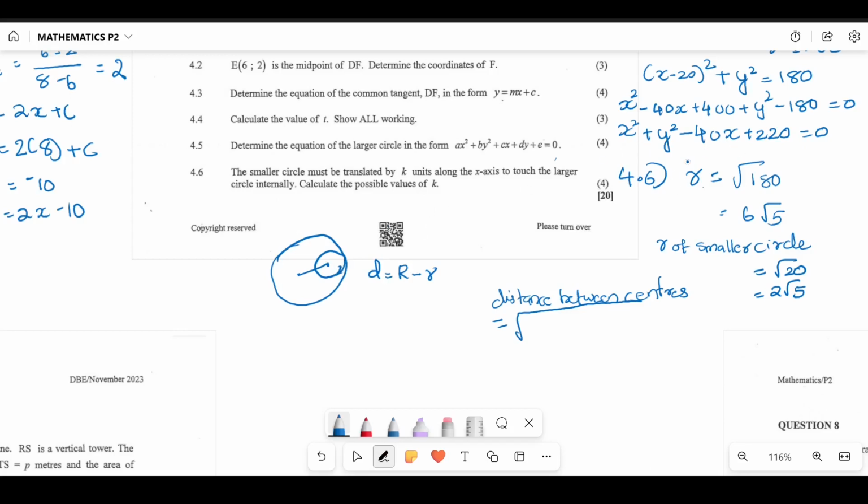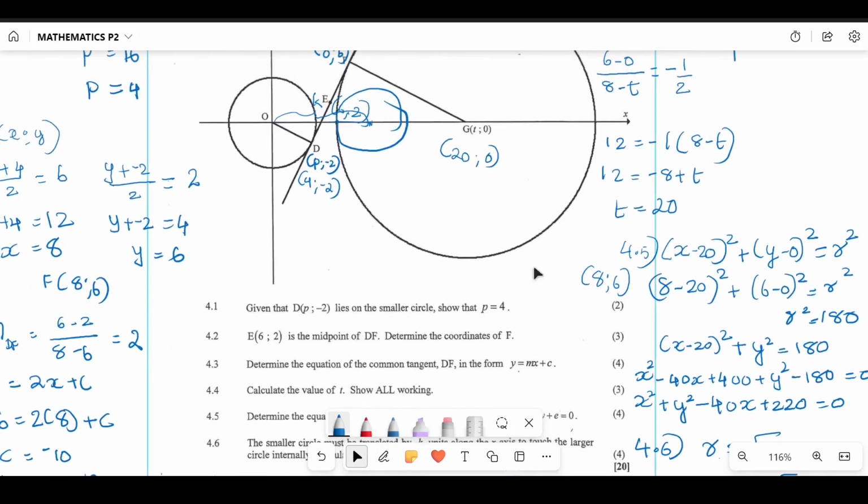The new center of the smaller circle after translating k units, let me show it in the diagram, is (k, 0). The bigger circle's center is (20, 0).